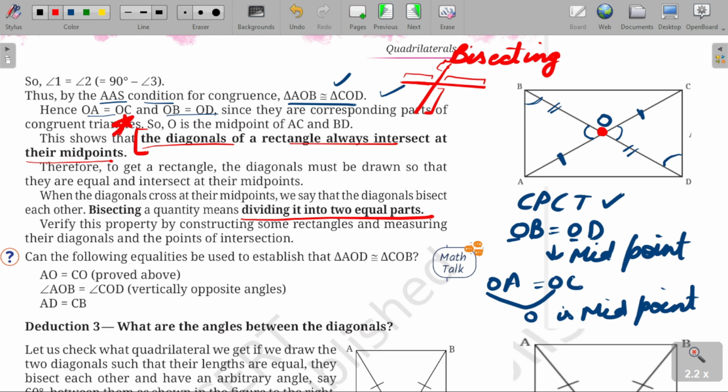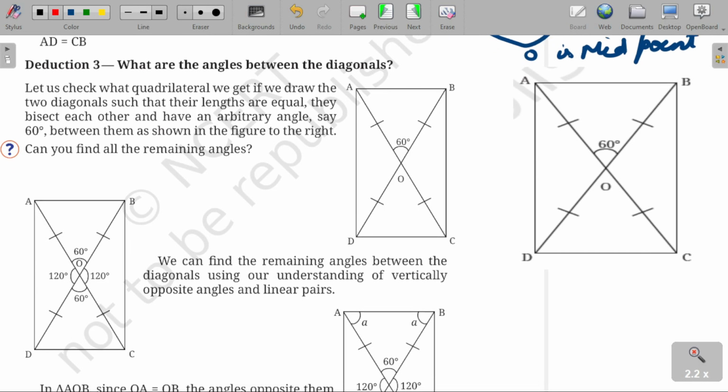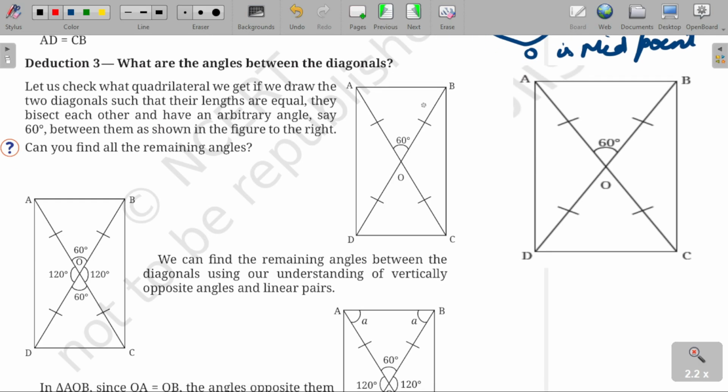Yeah. Now moving to the deduction. So deduction 3 is, what are the angles between the diagonals? See, in this rectangle, AC and BD are the two diagonals, and you need to find out what are the angles between them.